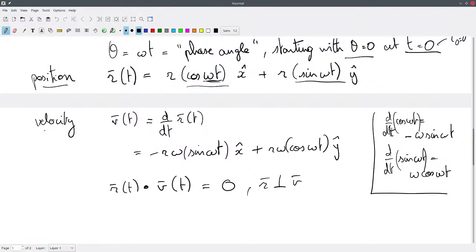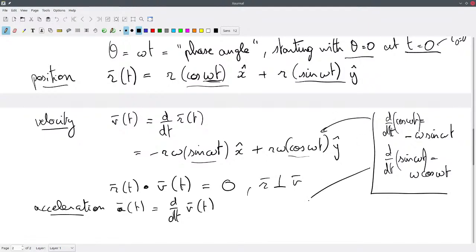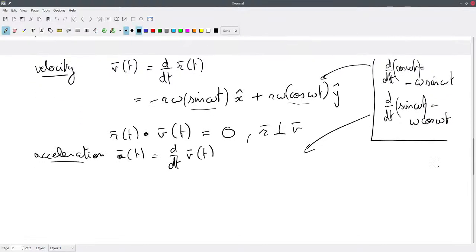So from position we got velocity, and now of course we can get to acceleration. So acceleration, the same thing. We do another derivative. a of t is d/dt of the velocity. And we only have the same terms here, cosines and sines appearing. We can use the same derivatives here for cosines and sines, and we will find minus r omega squared.